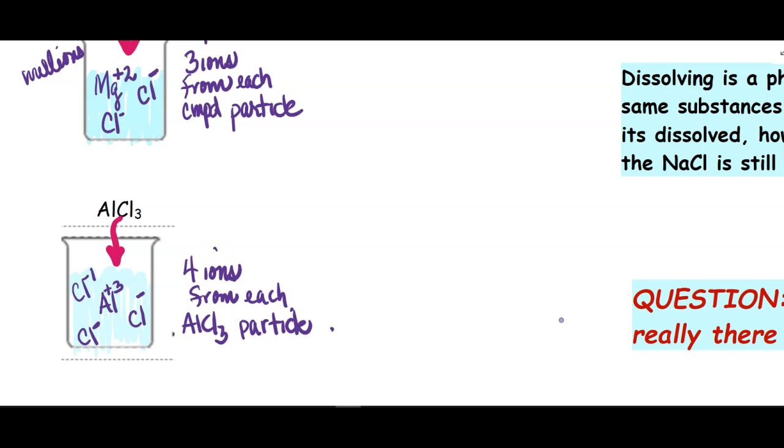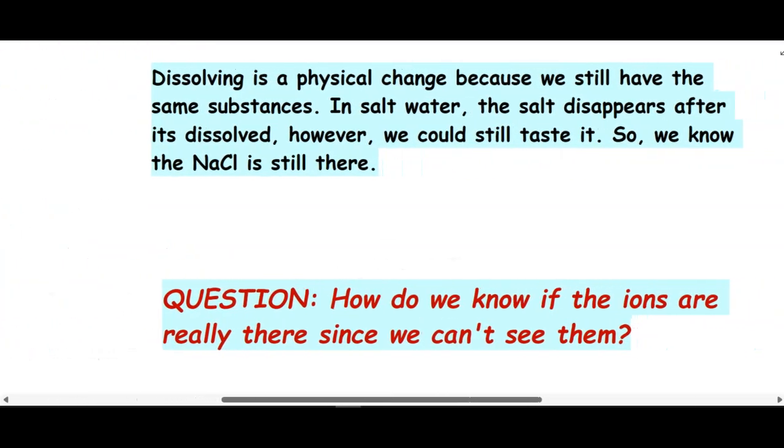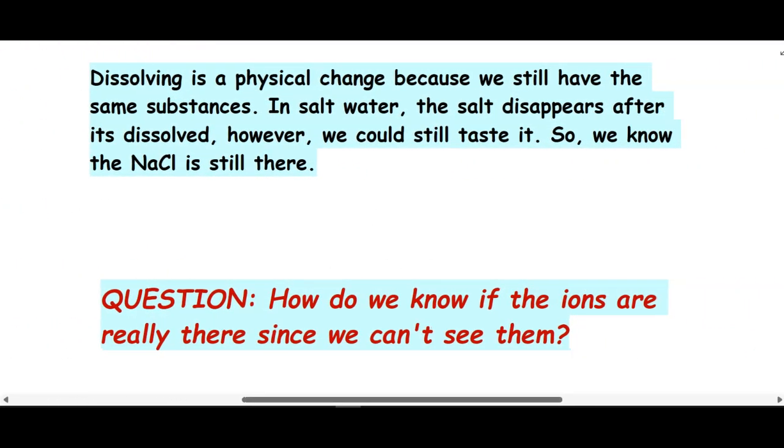All right, let's see if there's any wisdom over here. It says dissolving is a physical change. It's not a chemical change because we still have the same substances. We still have water, right? In salt water, the salt disappears after it's dissolved. However, we could still taste it.